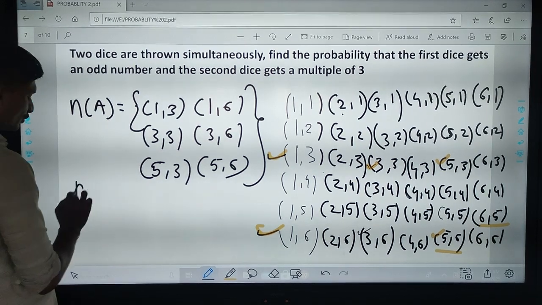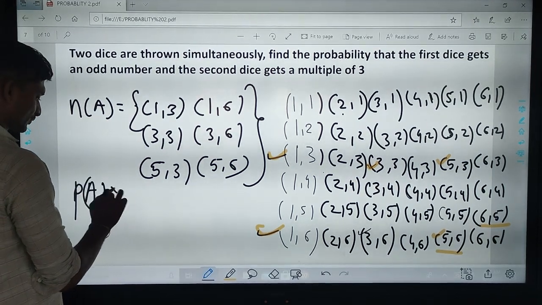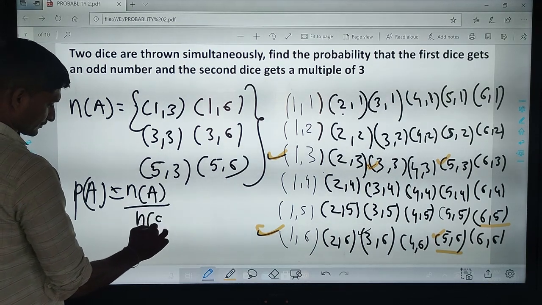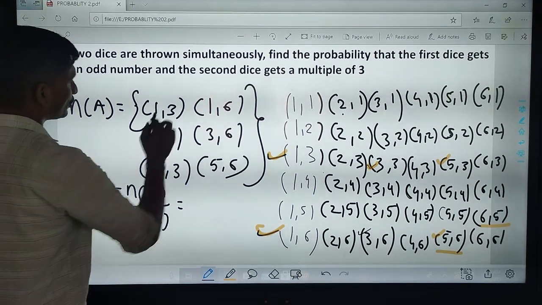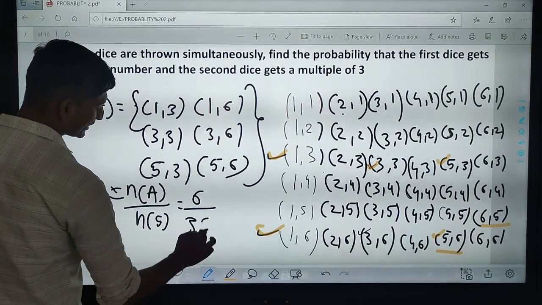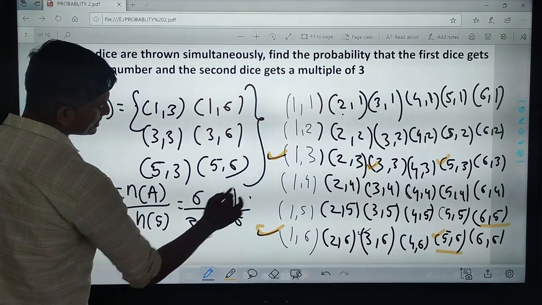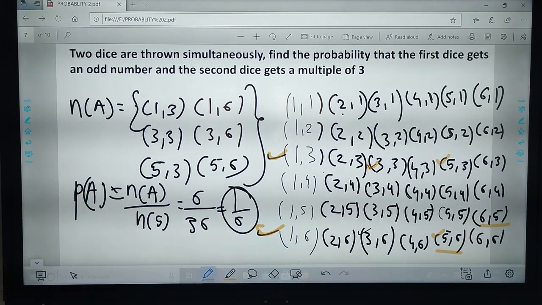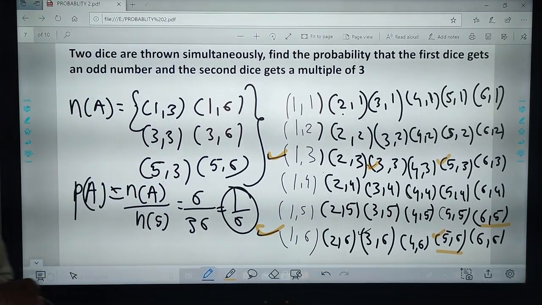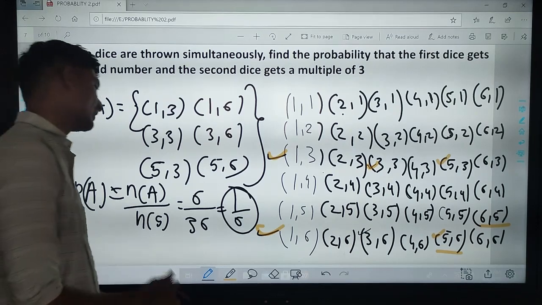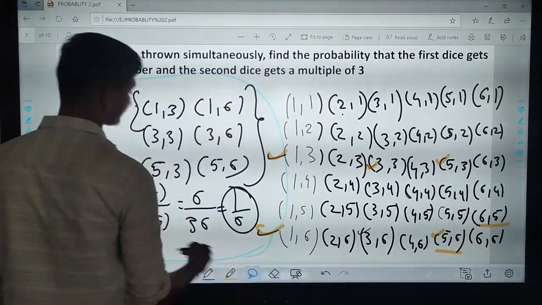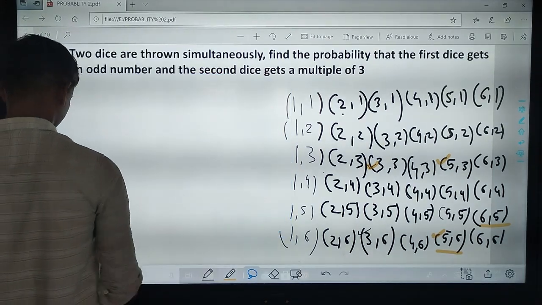Then P of A is equal to n of A divided by n of S. Then n of A is equal to 6 and n of S is equal to 36. Then your answer is 1 by 6. The probability that the first die gets an odd number and the second die gets a multiple of 3 is 1 by 6. Now next.